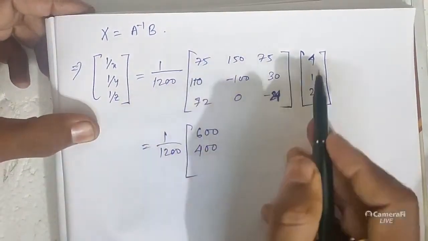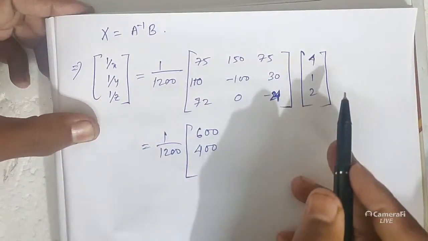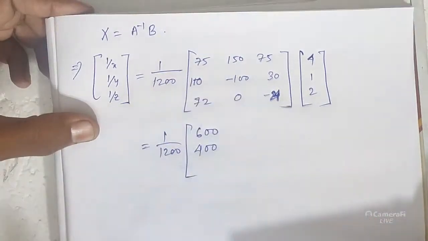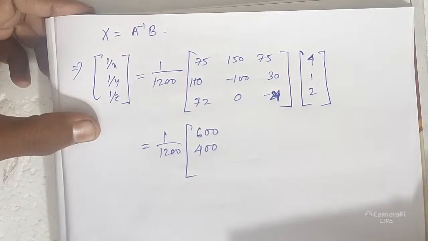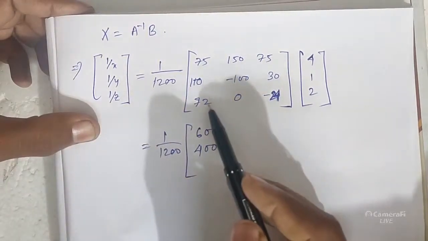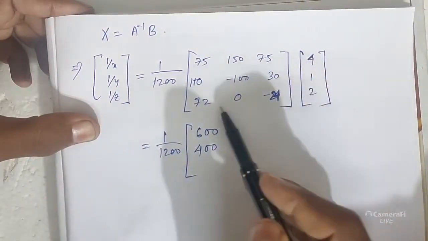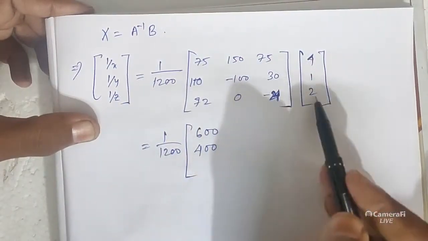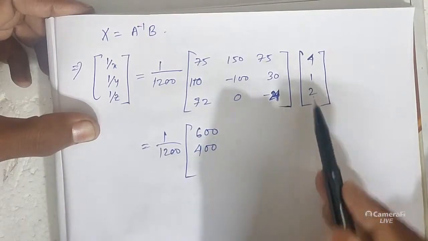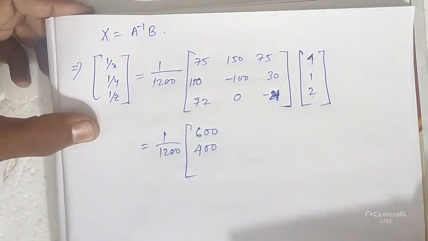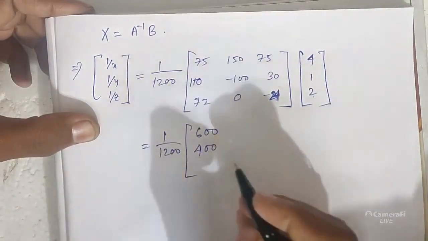Here 72 into 4, that is 288. 288 plus 0 and minus 48. 288 minus 48 is equal to 240.